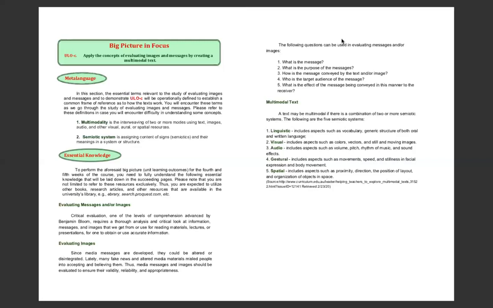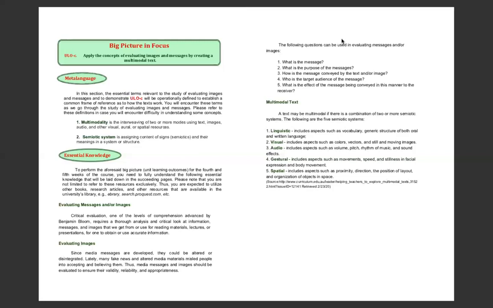Again, do not be confused about the word text, because we commonly understand text as words. However, in this context, when we say text, it could be a poster, so that is an example of a text, or a signage, that is a text. Again, it could be multimodal if there is a combination of two or more modes, such as words, or pictures, or audio, or other visual resources.